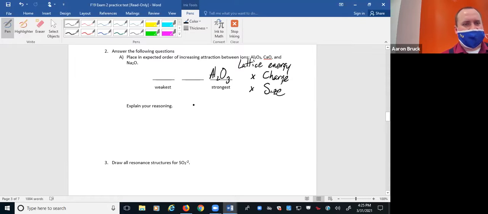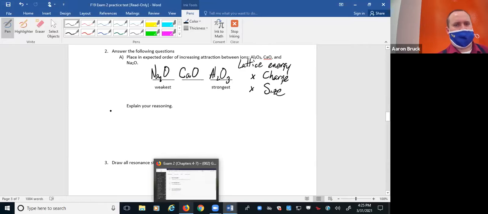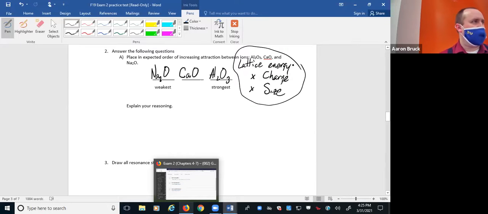Which one is going to be the weakest? 1 plus charge, and that puts calcium oxide square in the middle. And then as far as the reasoning goes, that's where you use those arguments of charge and size, or in this particular case, we really didn't need to talk about size at all. Aluminum has the biggest charge, and that's going to be the biggest attraction.